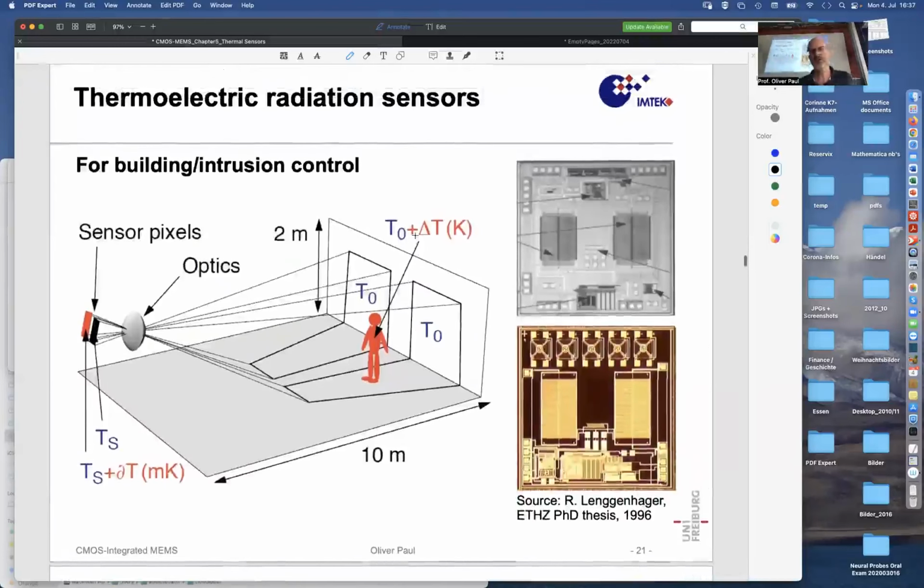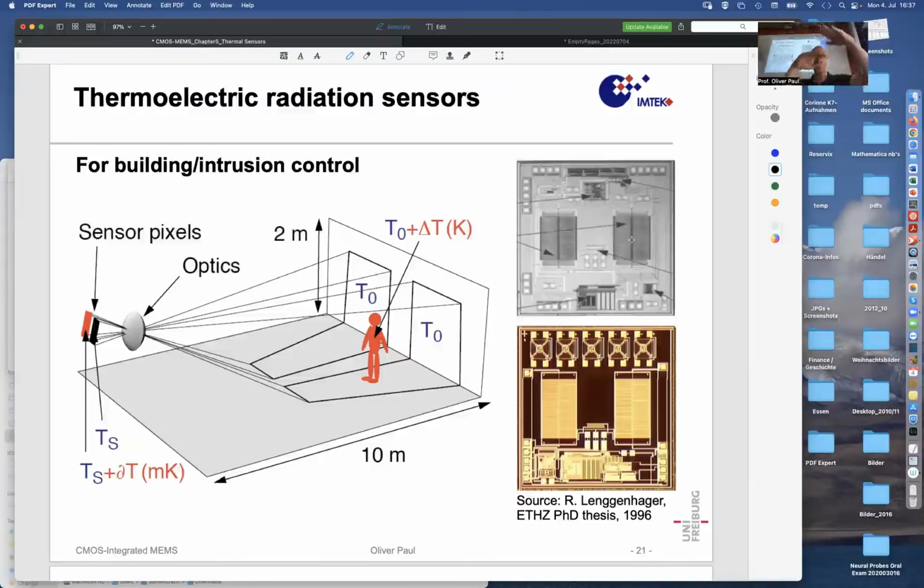For instance, here you have a thermoelectric radiation sensor. It consists of two thin membranes. Those two thin membranes, left and right, are composed of the dielectric materials of a CMOS process that was used to fabricate the structure. Those dielectric materials are field oxide, intermetal oxide, contact oxide, passivation for a two-metal process.